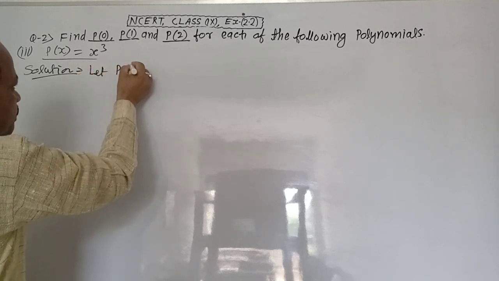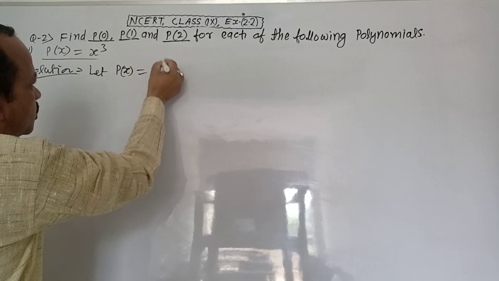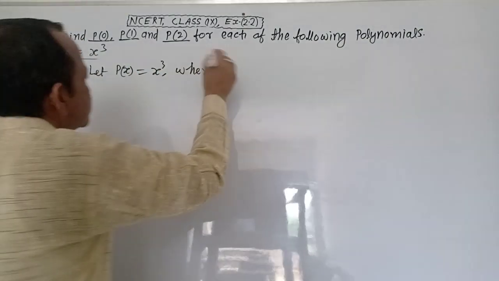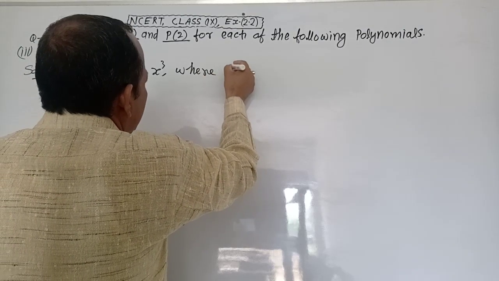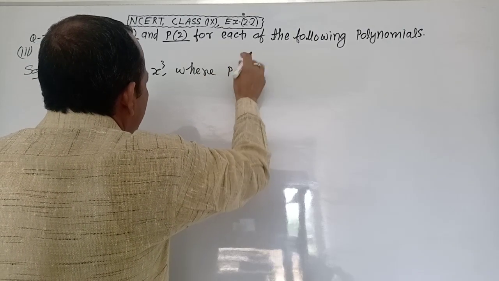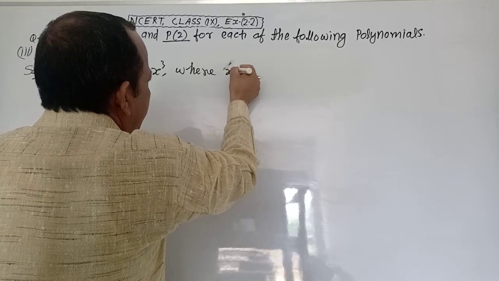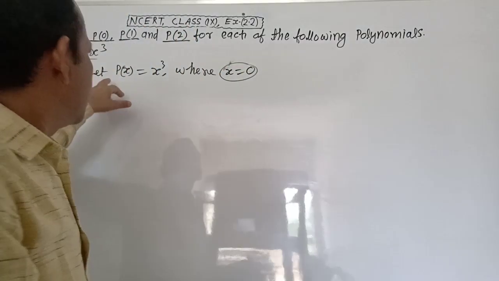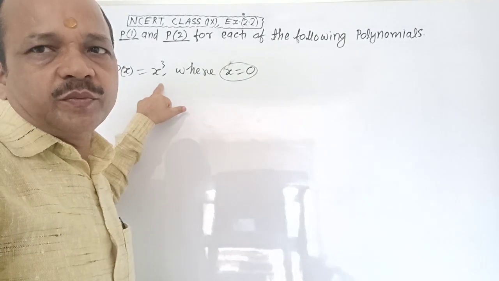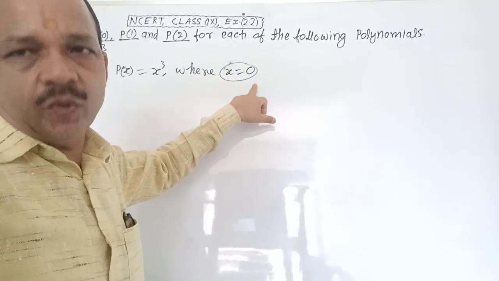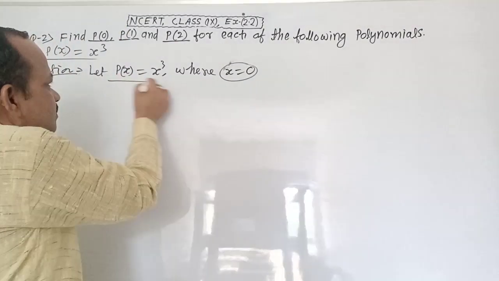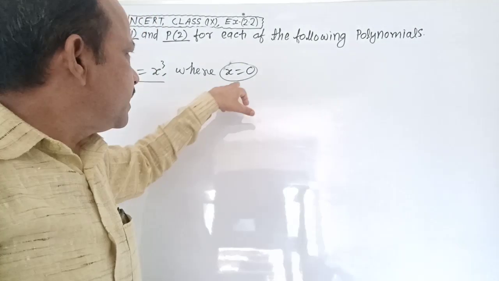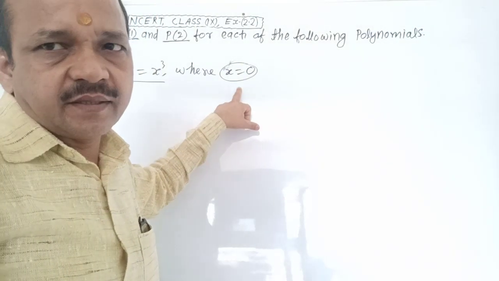Let p(x) equal x cube, where x equals 0. It is the given polynomial and this is the value of x. Clear?